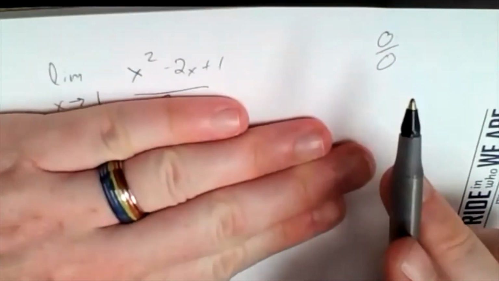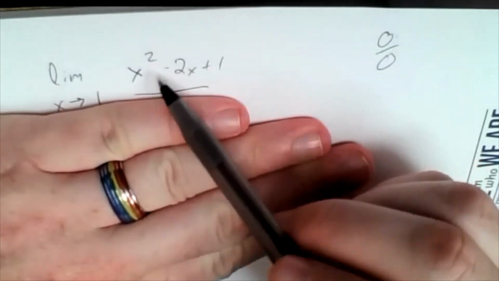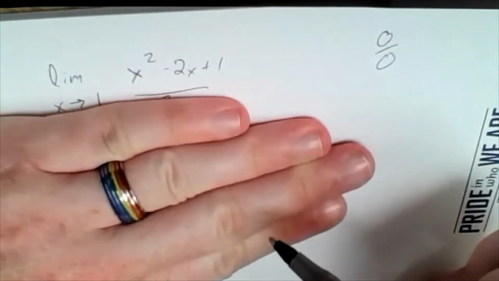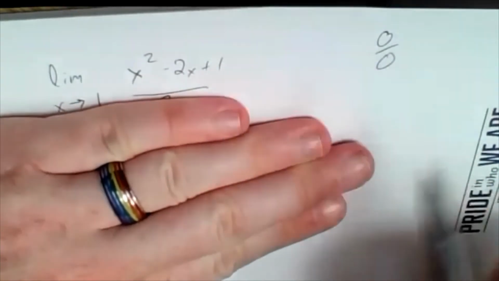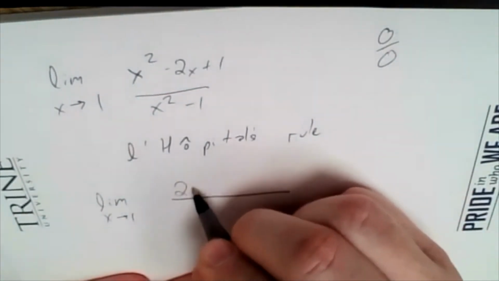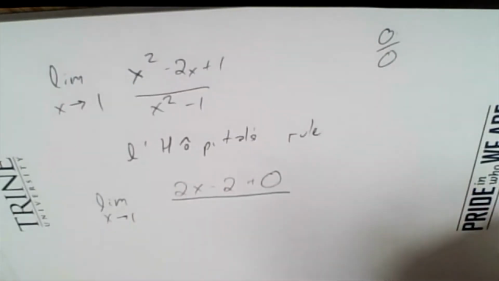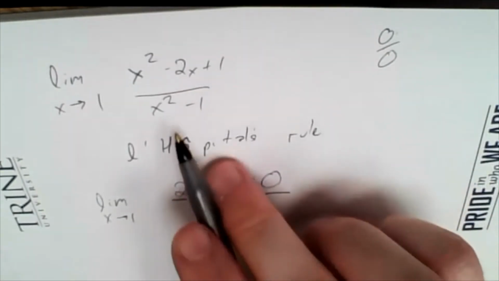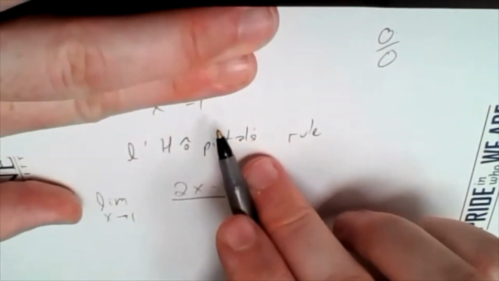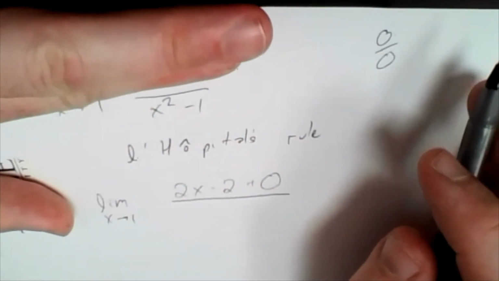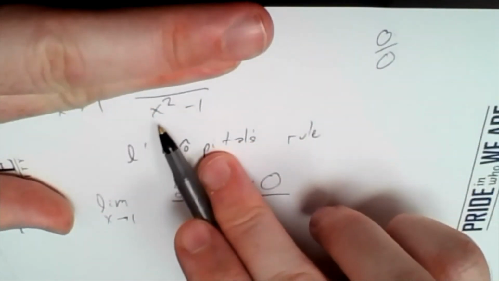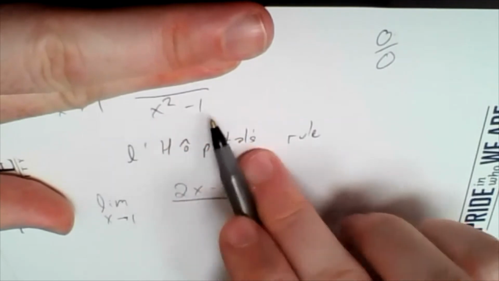So if I'm only looking at this numerator, my derivative here is going to be 2 times x minus 2 plus 0. Just a nice polynomial derivative. My denominator, only looking at this part, my derivative is going to be 2 times x minus 0.